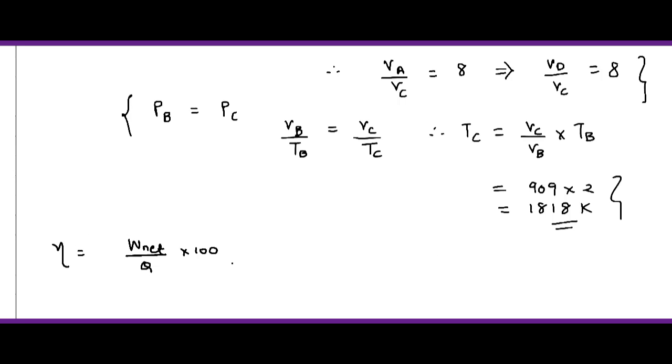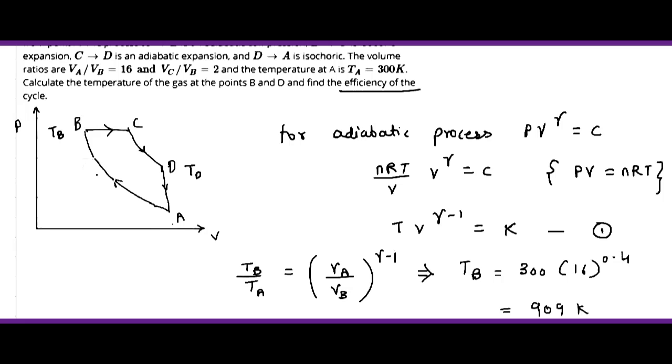We first have to calculate the heat supplied, QS. As we can see in the diagram, A to B is an adiabatic process and C to D is again an adiabatic process. Heat will be supplied during the expansion, and from here the heat has been rejected. This is QR.